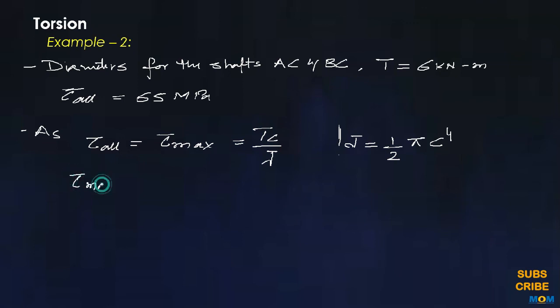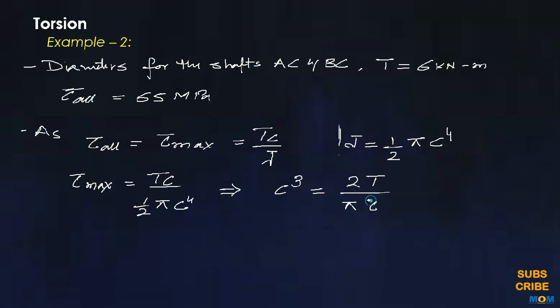Now tau max is equal to Tc upon half pi c raised power 4, and further, after cancelling this, we can rewrite this expression as c raised power 3 is equal to 2T upon pi tau max.